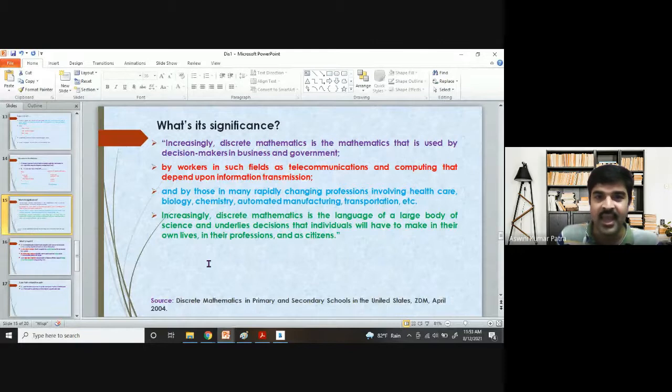Increasingly, discrete mathematics is used by decision makers in business and government, and in any application like communication, which is the need of the day. It is also rampantly used in telecommunication networks, computing, information transmission, and so on. It could also be used in healthcare problems, in biology, in chemistry, in automated manufacturing, and transportation.